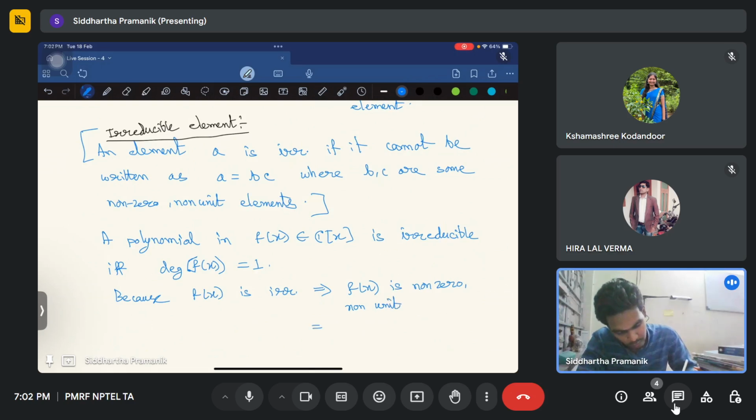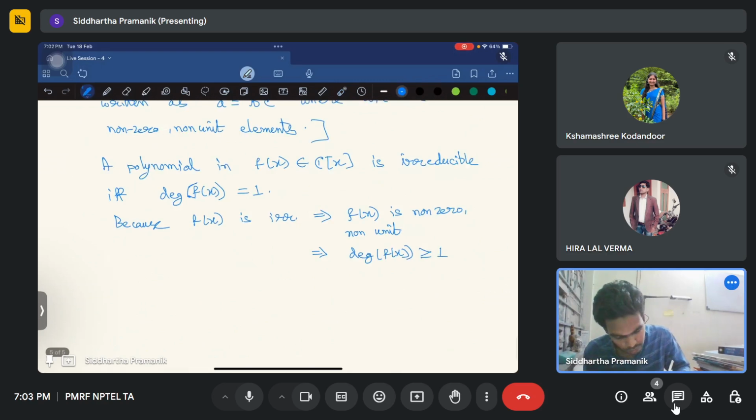So that means the degree of f(x) is at least 1, right? Because non-zero, non-unit means it cannot be constant. So the degree of f(x) is exactly 1.